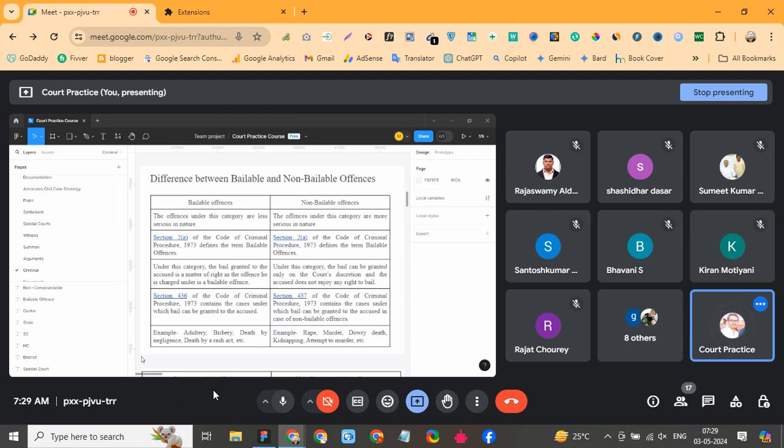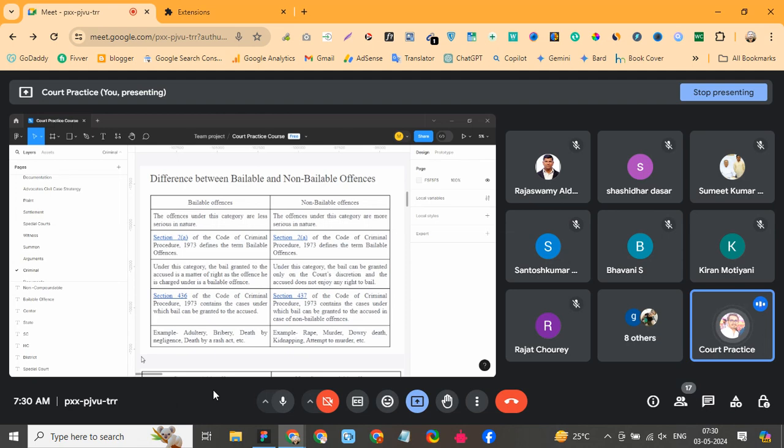It is their right, and there is no restriction or burden on the court to not allow the bail, because under the Constitution of India, any person who is arrested should have the right to life and freedom. So that person should be able to live freely without arrest and all.